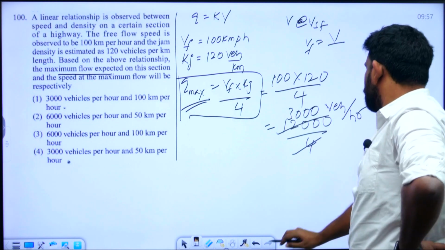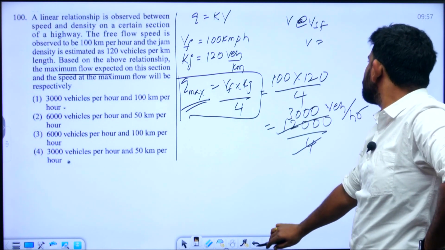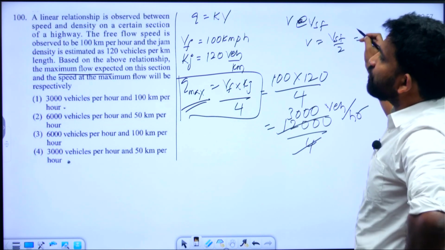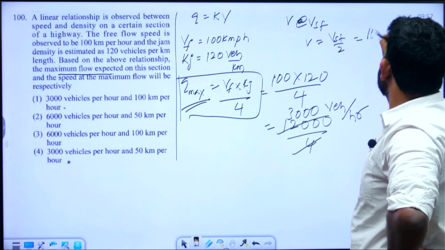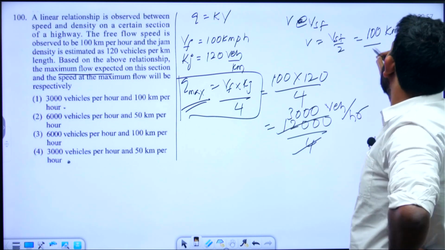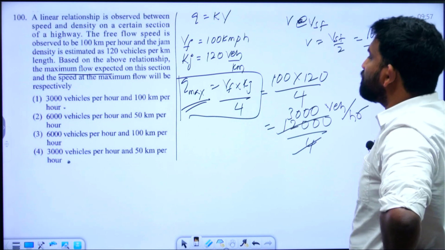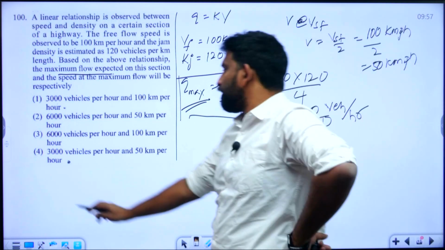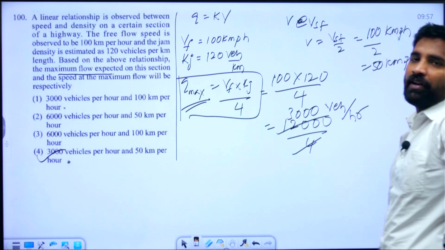V is equal to Vf upon 2. Speed is given as 100 kmph, right? 100 kmph upon 2 comes out to be 50 kmph. So 3000 and 50 kmph is the correct answer. 3000 vehicles per hour and 50 kmph is the correct answer.